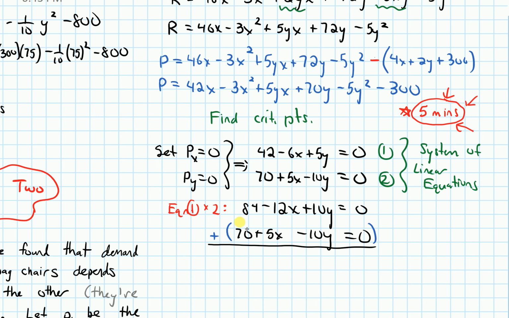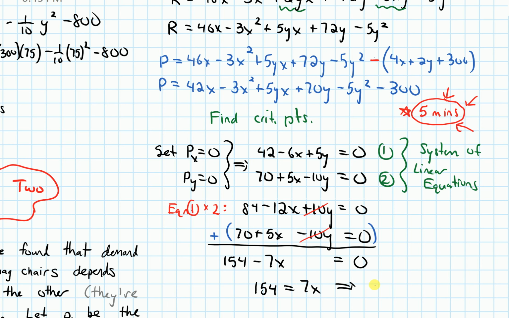So 84 plus 70 is 154. 154 minus 12x plus 5x minus 7x. The 10y's are going to cancel. One's positive, one's negative, so when I add, they cancel. And this equals 0 plus 0, which is 0. So moving minus 7x to the right, we get 154 equals 7x.